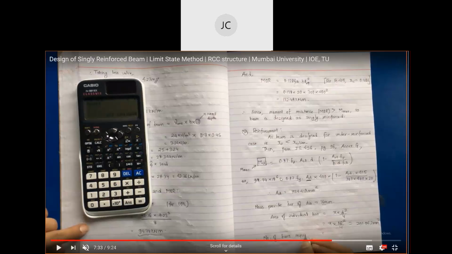So if you solve this equation, you will get the area of steel as this much, 754.418. Now after getting the value, if you choose the diameter of bar as 16 millimeter, you can find out the number of bars: total area divided by area of one bar.